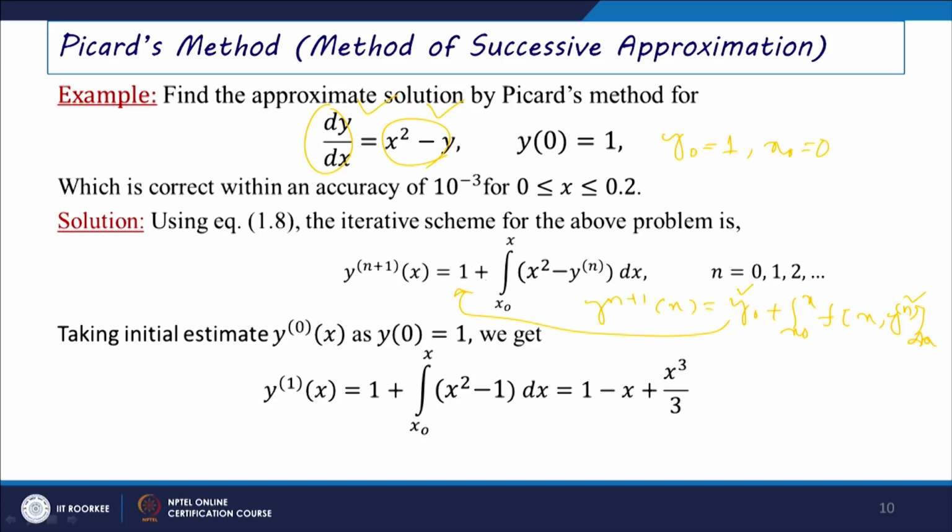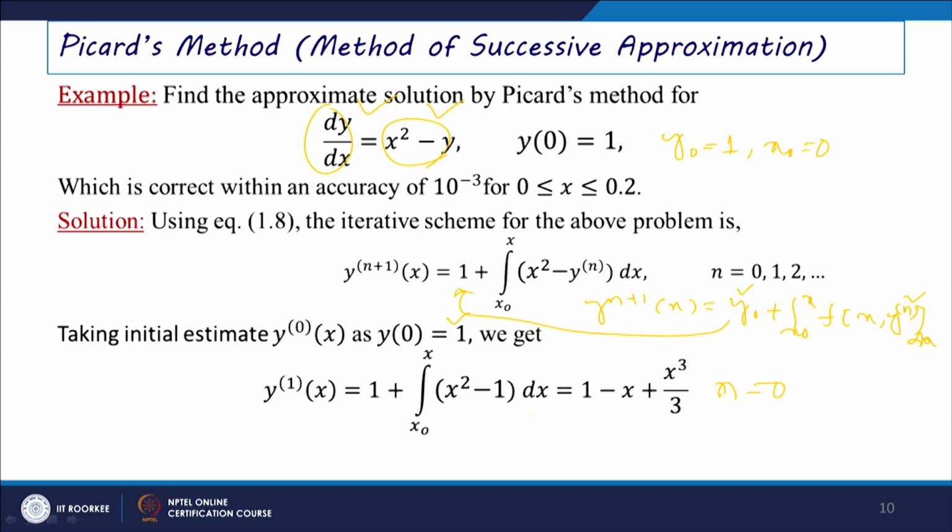And if we take this initial estimate y0 equals 1 and integrate these terms here, then we can write the first iterated value whenever n equals 0, suppose. Then we can write y1 of x equals 1 plus the integral from x0 to x of x square minus y0, y0 being nothing but 1 for this one, into dx. If you take this integration here, it can be written as x cube by 3 plus 1, this is like minus x here.